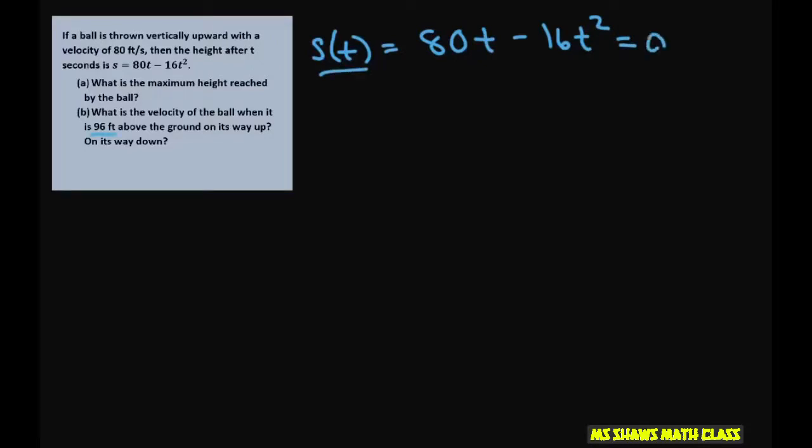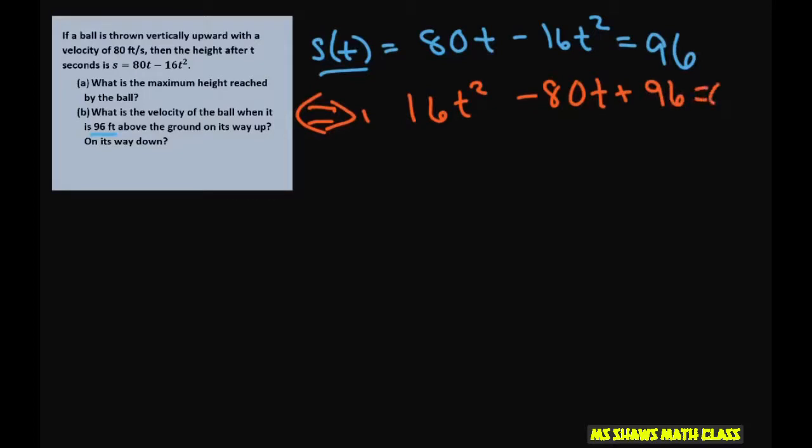So just put 96. Then let's clean this up and rewrite it as 16t squared minus 80t plus 96 equals 0.